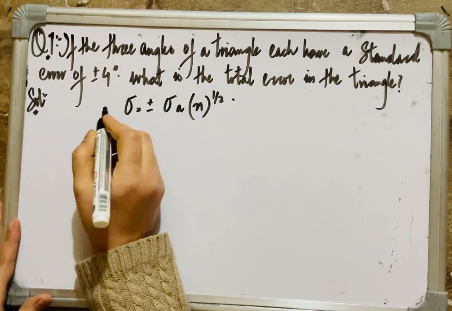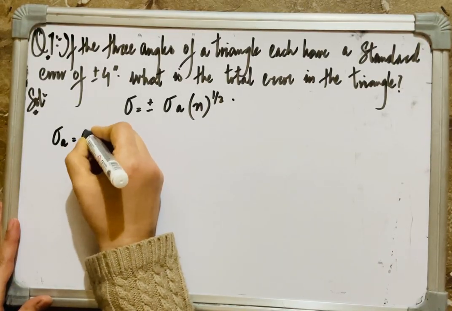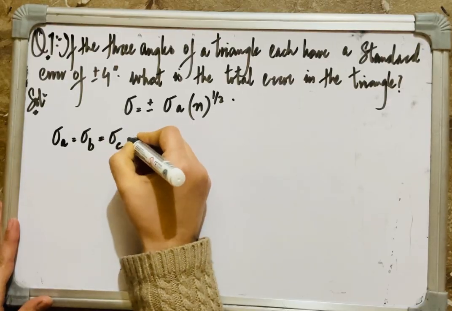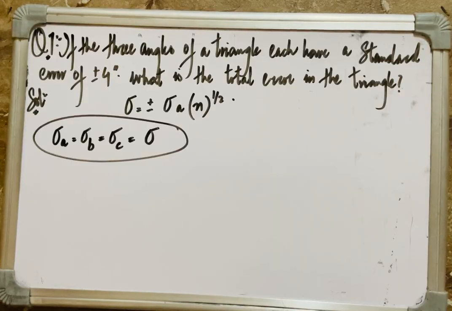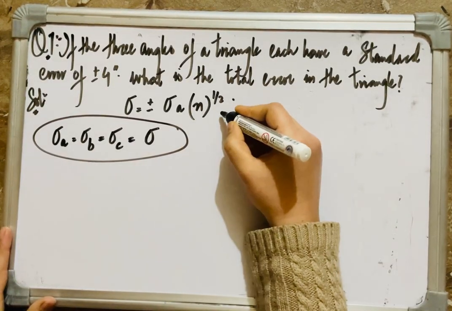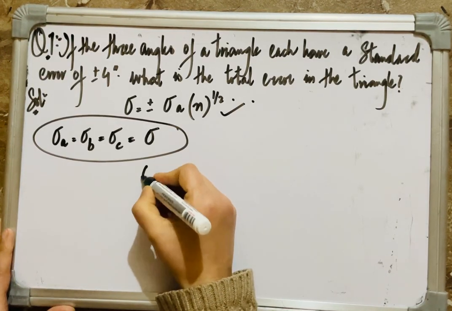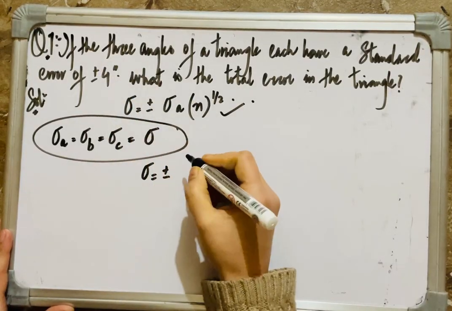In this case sigma A is equal to sigma B is equal to sigma C is equal to, say, sigma, because all three angles have the same standard error of plus minus 4 seconds. Then by the general relation, sigma is equal to plus minus sigma A n raised to the power 1 by 2. So sigma is equal to plus minus, this is how much?